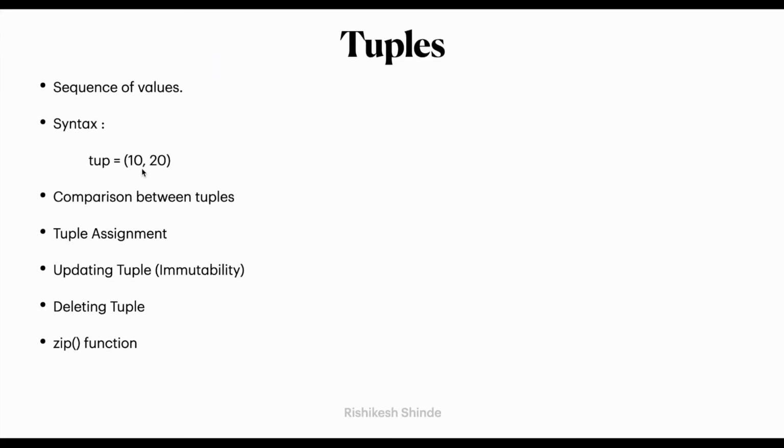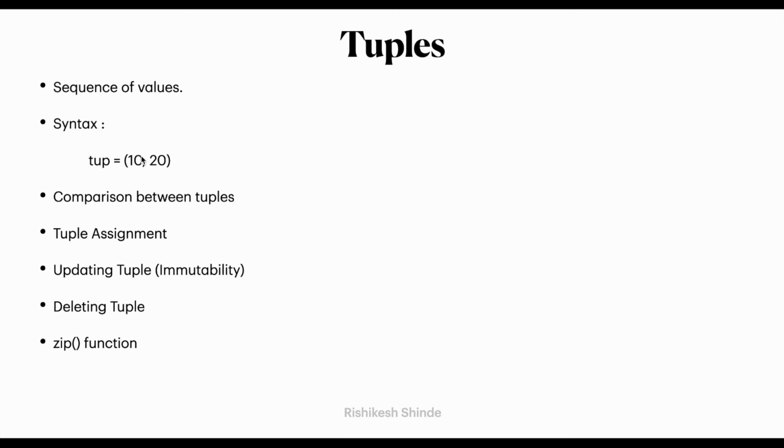Now the second part is comparison between the tuples. So what is comparison between the tuples? The tuples can be compared using relational operators. Tuples are compared position by position. So if we have two tuples, then each position will be compared. The first item of the first tuple is compared to the first item of the second tuple.